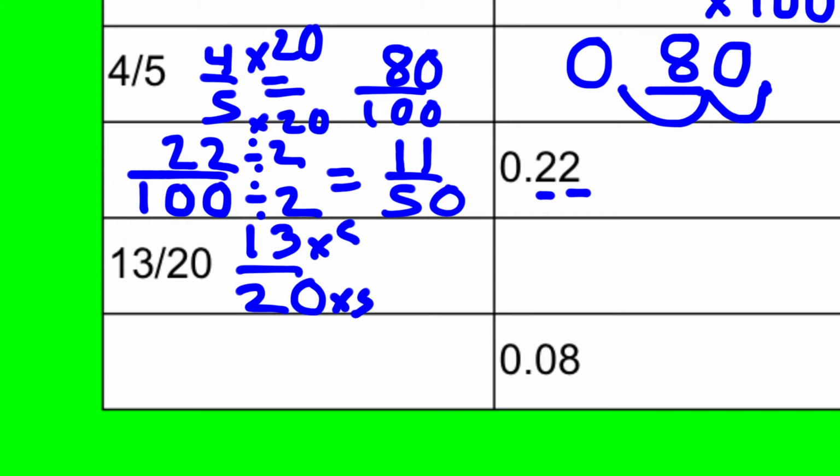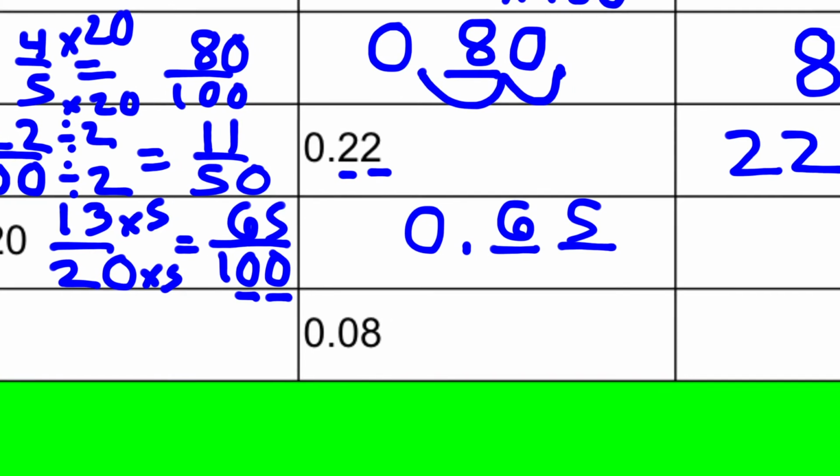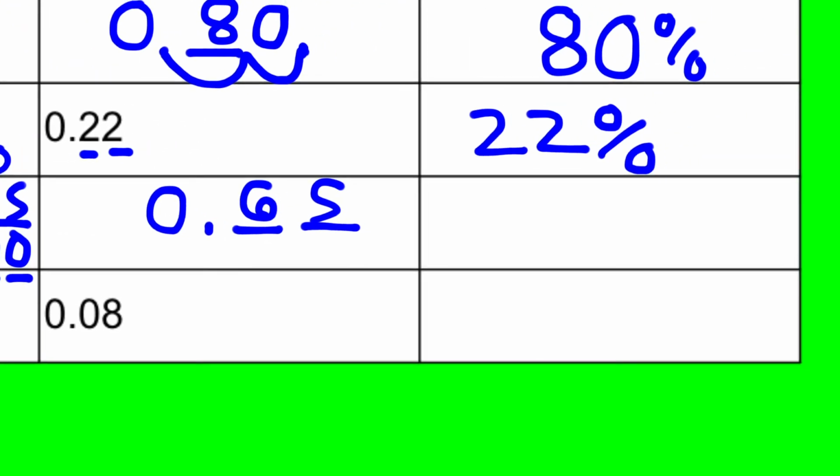I can make this out of 100 by timesing by 5. 20 times 5 is 100. 13 times 5 is 65. 2 zeros means 2 decimal spots where we would put a 6 and a 5 and a 0 in front. And then remember, 65 out of 100 would make that 65%.